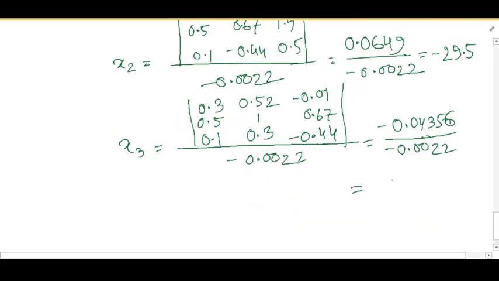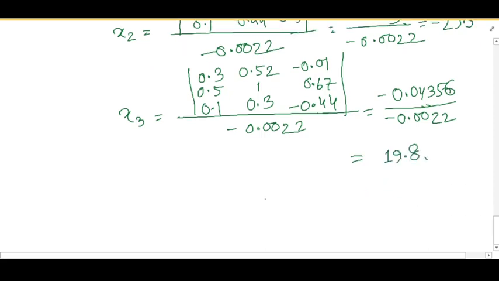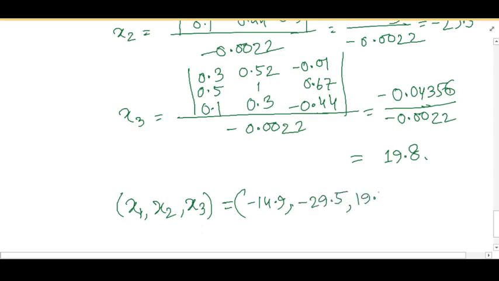From there, the value of x3 is 19.8. So our answer as a whole, x1, x2, and x3 will be equal to minus 14.9, minus 29.5, and 19.8. And this is the solution for this particular problem of Cramer's rule.